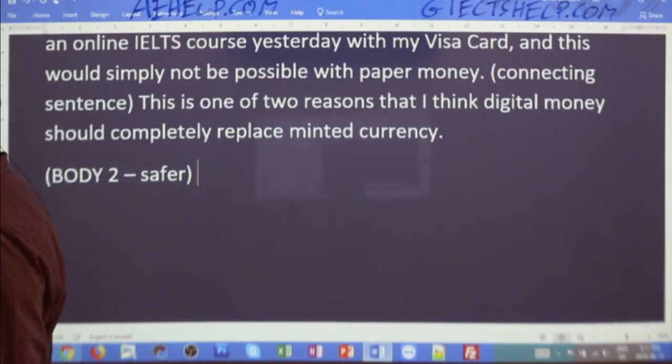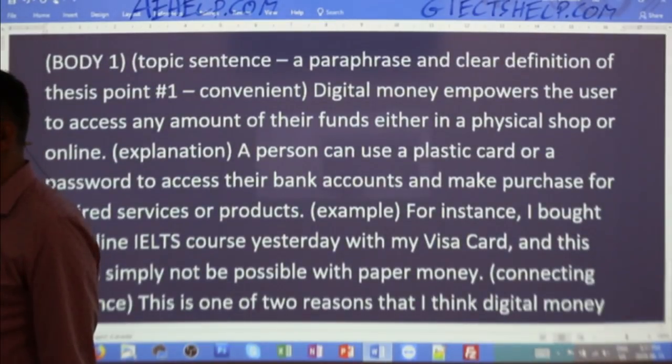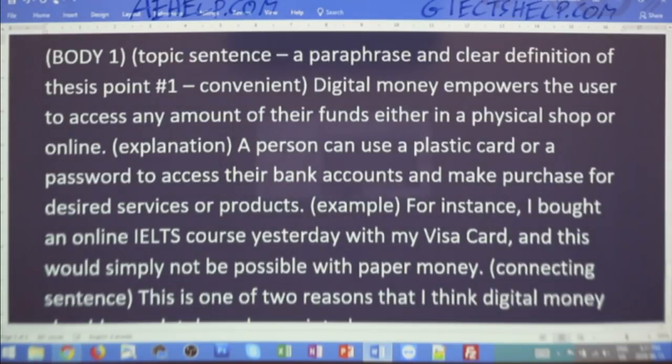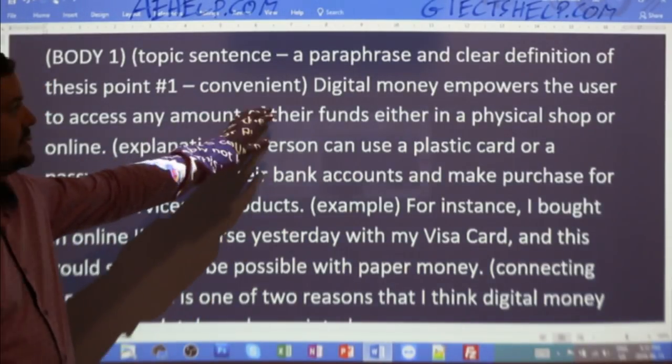Okay, so I blew through body paragraph 1 a little bit faster because I wanted to get to body paragraph 2, and I want you to do most of the work here. I'm just going to copy the best comments and correct as necessary. So again, to review body paragraph 1, it starts with a topic sentence.